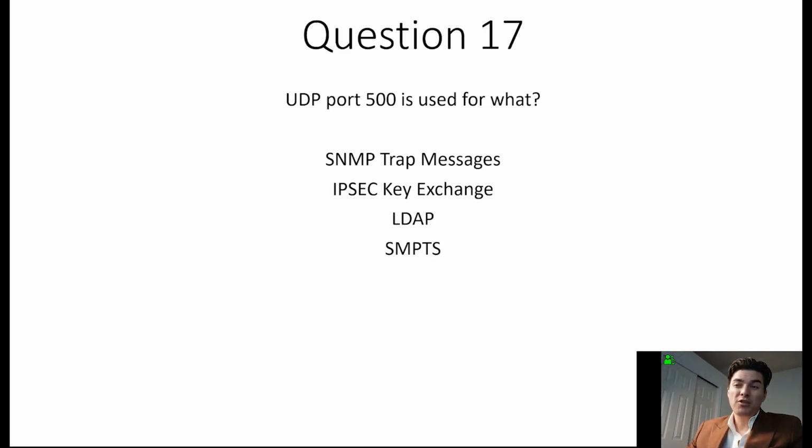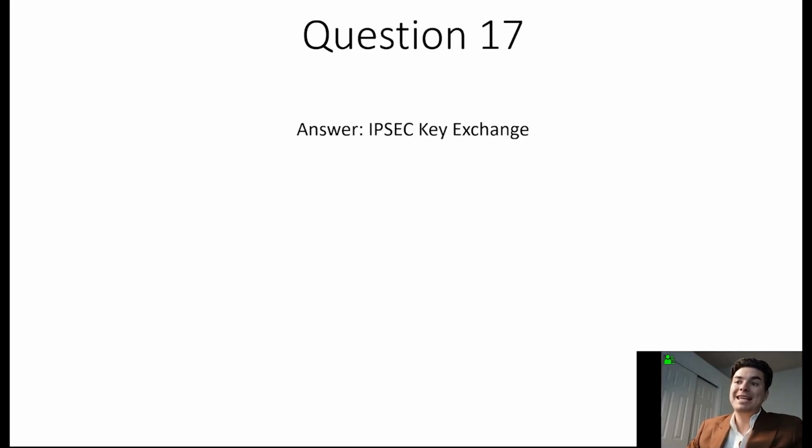LDAP, that's port 389, and that's associated with Lightweight Directory Access Protocol. SMTPS, that is for port 465 and was previously designated for Simple Mail Transfer Protocol Secure, but that service is now deprecated. So the answer would be IPsec key exchange.